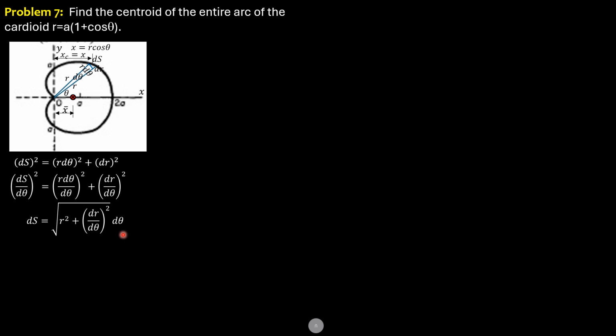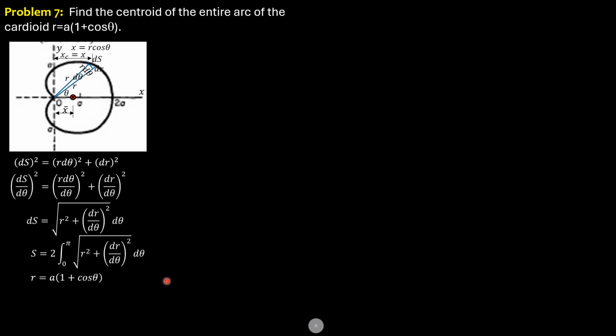So the formula for s, therefore, we multiply it by 2 because we only consider the upper half of the graph, so we consider also the lower half. So s equals 2 times integral of square root of r square plus dr d theta square d theta. So r is a quantity 1 plus cosine theta.